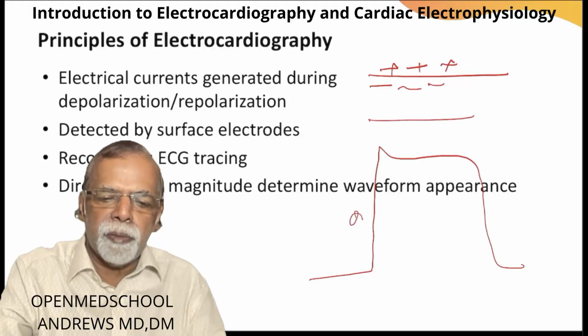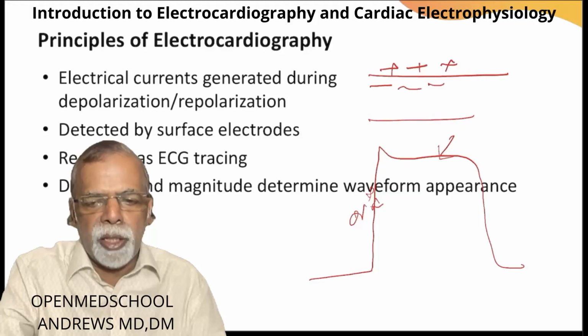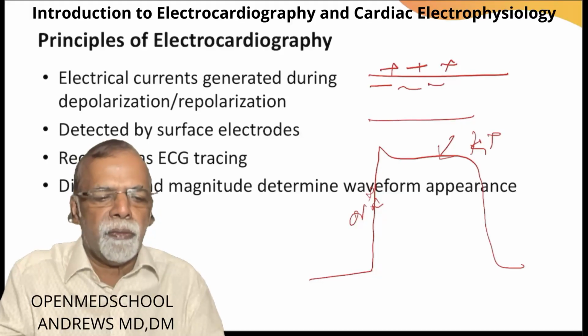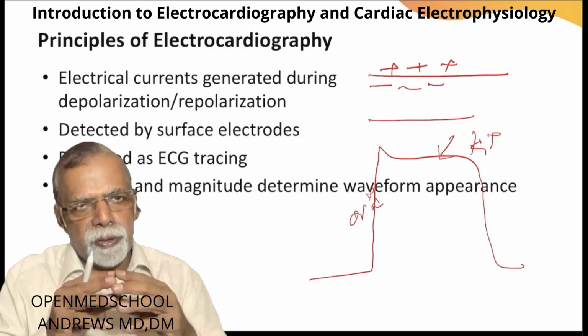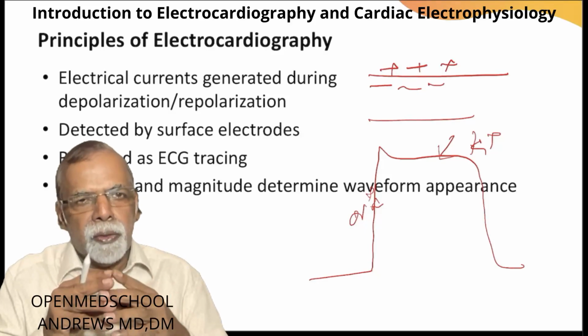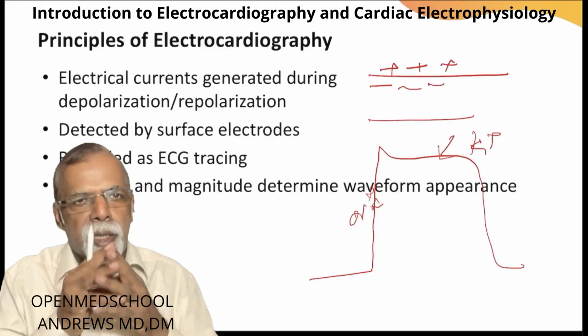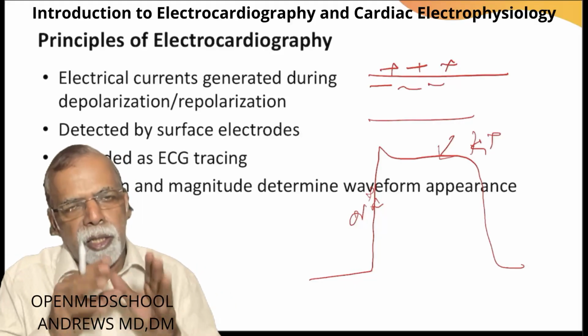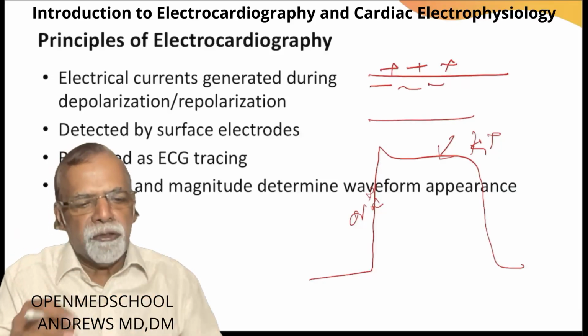This is the sodium producing a rapid deflection, followed by the repolarization wave due to the potassium efflux. And these changes are recorded by surface recordings. And so we can say that we are looking into the heart from different places, like the blind men of Hindustan. And that is why the ECG in different leads looks different.